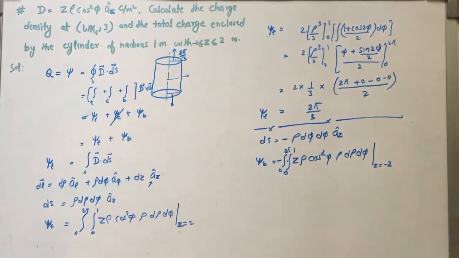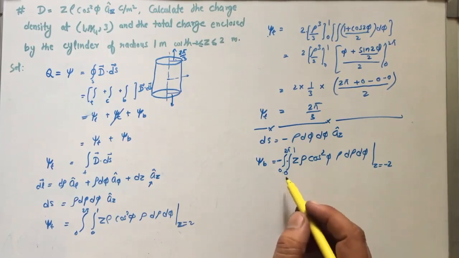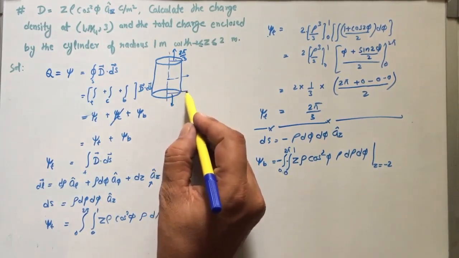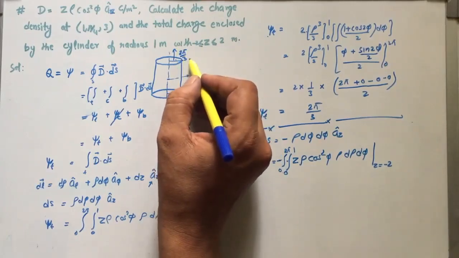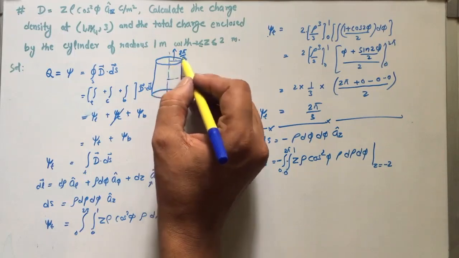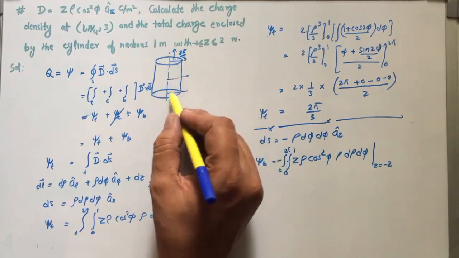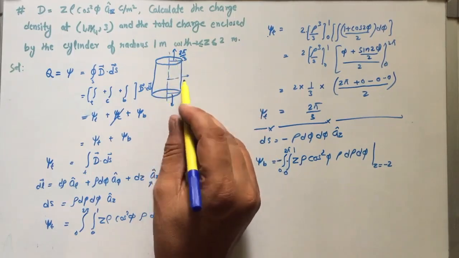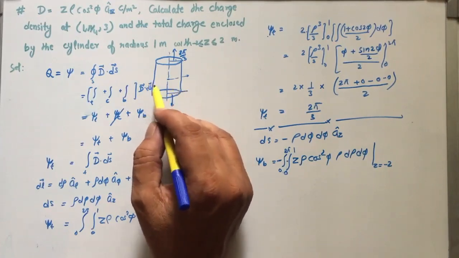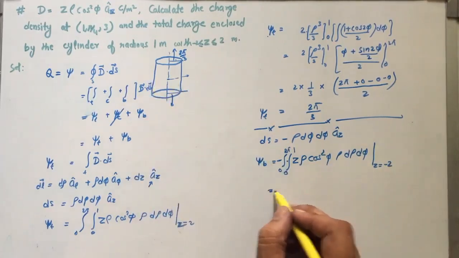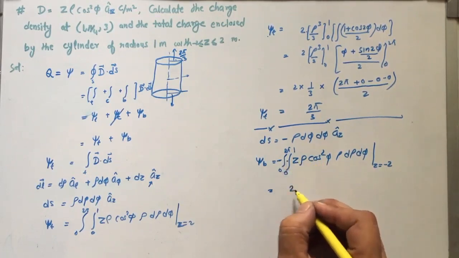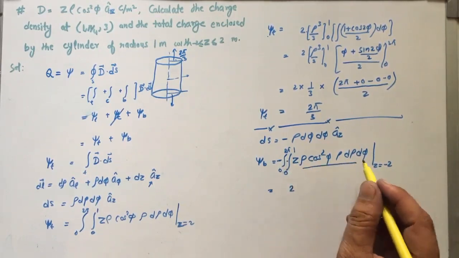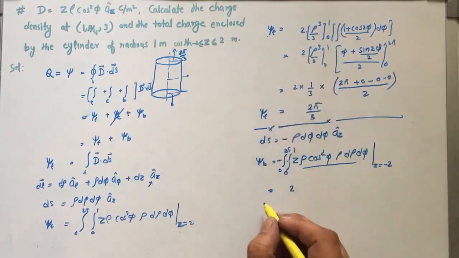Okay. So if you put z equal to minus 2, because the bottom surface lies at z equal to minus 2 and the top surface lies at z equal to 2, then minus 2 will be here and it will be plus 2, and the remaining things will remain the same as in the previous case.